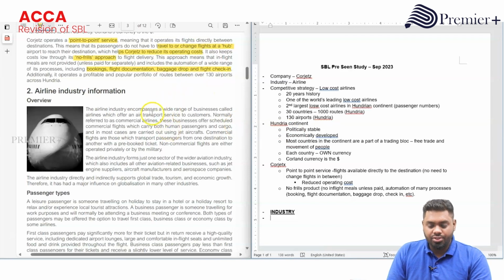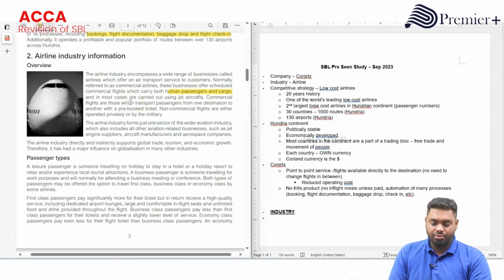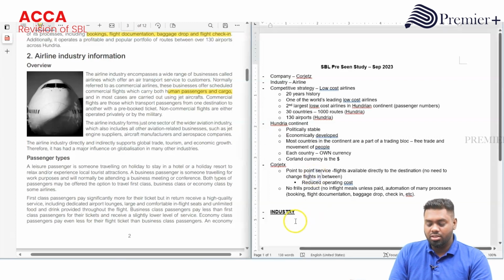Overview: the airline industry encompasses a wide range of businesses called airlines, which offer an air transport service to customers. Normally referred to as commercial airlines, these businesses offer scheduled commercial flights which carry both human passengers and cargo, and in most cases are carried out using jet aircraft. Commercial flights are those which transport passengers from one destination to another with a pre-booked ticket. Non-commercial flights are either operated privately or by the military.